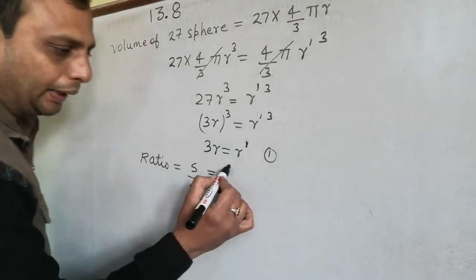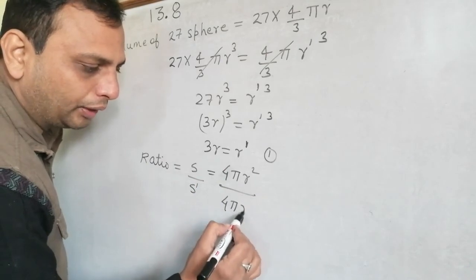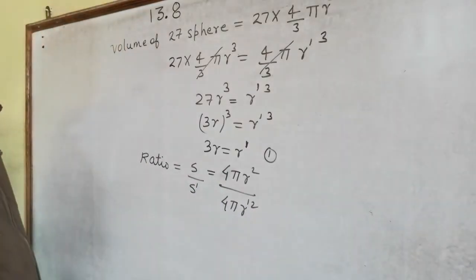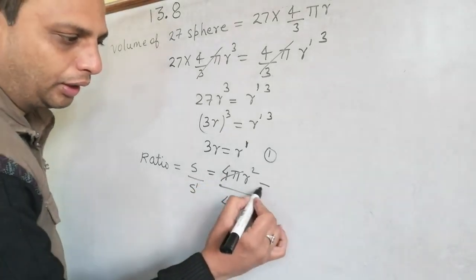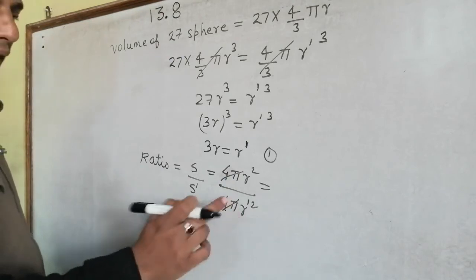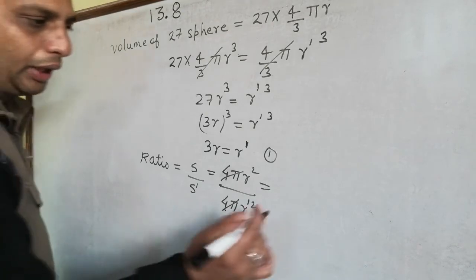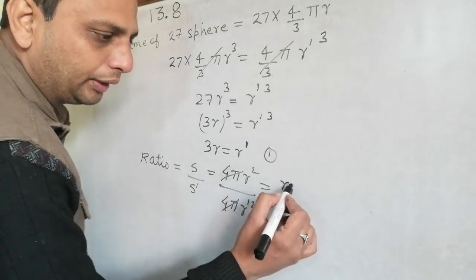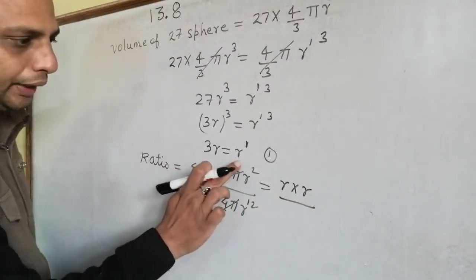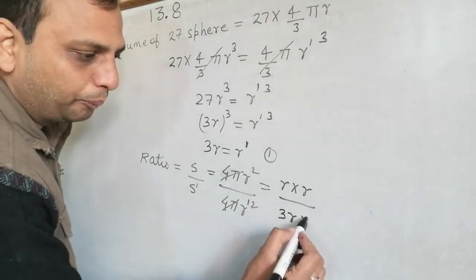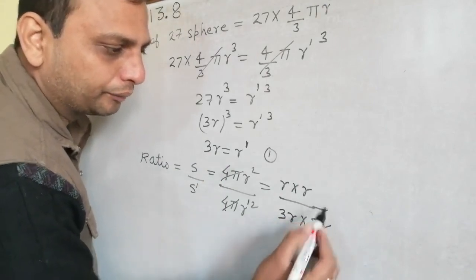We'll put here 4 pi r square, and here 4 pi r dash square. 4 pi will be cancelled. So r square and r dash square. In place of r dash, we can write 3r because r dash is equal to 3r. 3r multiply 3r. Why two times? Because of the square.